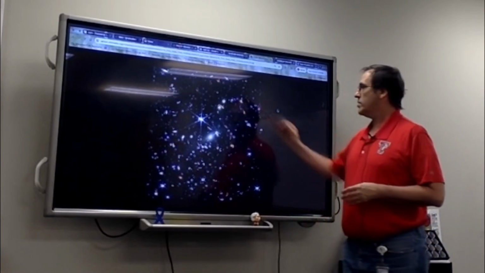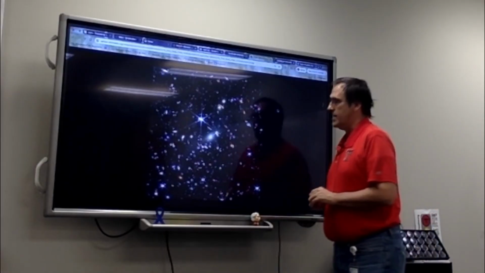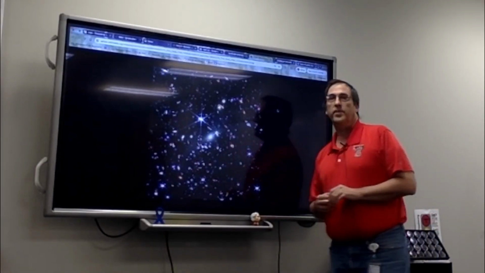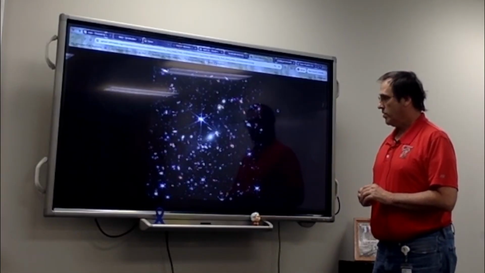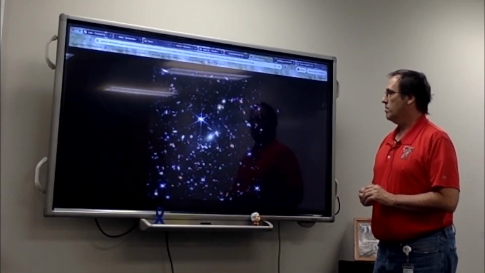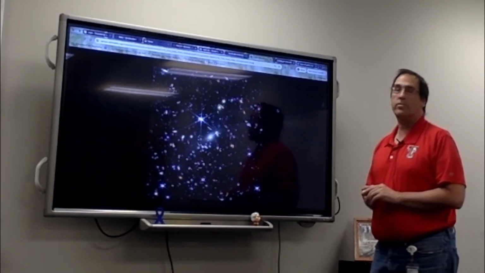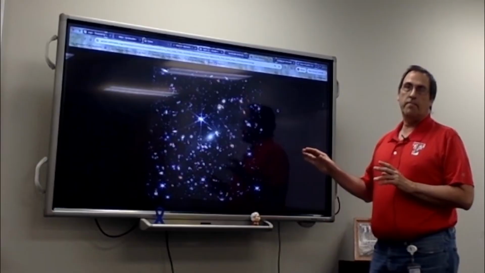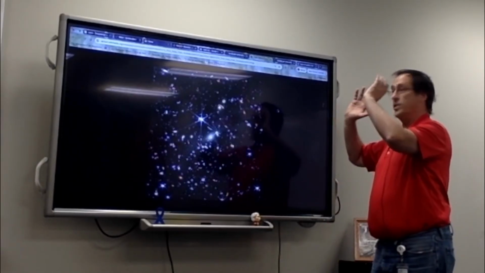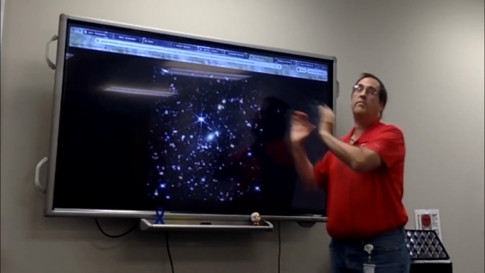I'm standing here next to a picture courtesy of our friends at NASA called the Hubble Deep Field photograph. What you're looking at here are literally hundreds, if not thousands, of different galaxies. This picture took about a week to take, and they just aimed Hubble at an area of deep space.